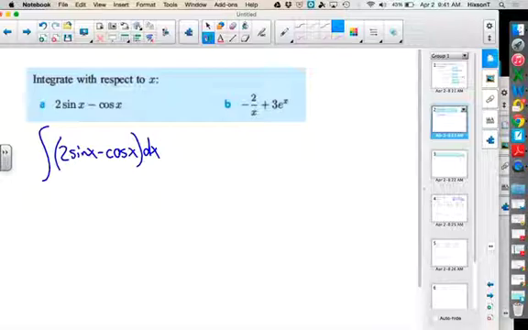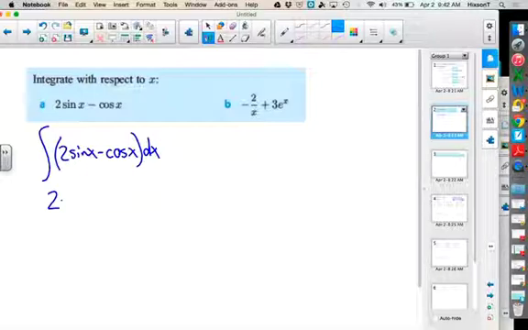Notice how we're going to use the rules that we proved yesterday. Here we have the difference of two functions, and we have a constant multiple. I'm going to deal with the 2 sine of x first, and I can just write down the 2, because it's going to be 2 times the integral of sine of x.